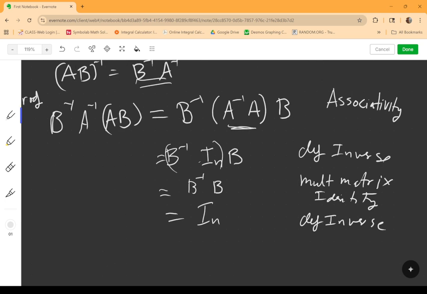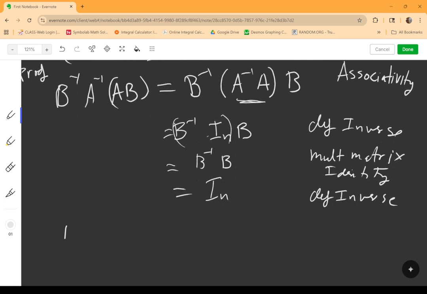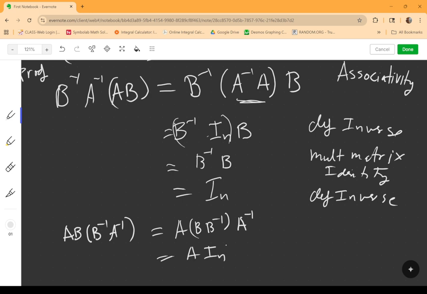Again, we need to test both sides. So now let's look at the other side: AB times B inverse A inverse. Here it's really going to be the same exact proof. We'll get associativity, so let's do the middle two first. So we get A I_n, so associativity.